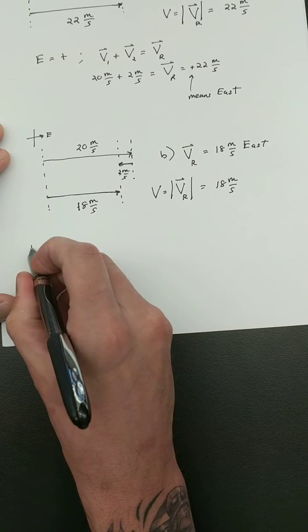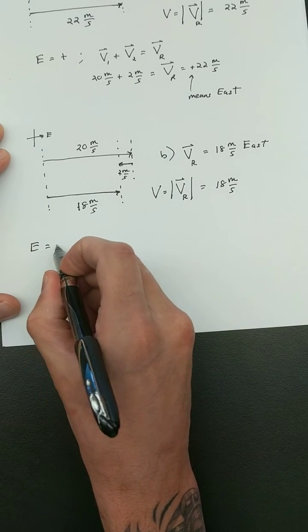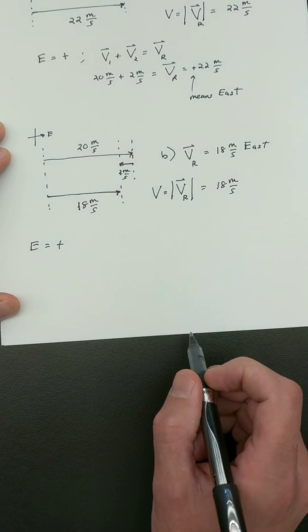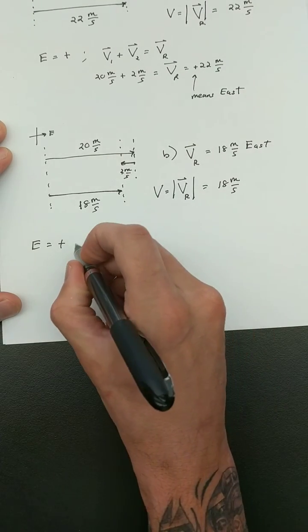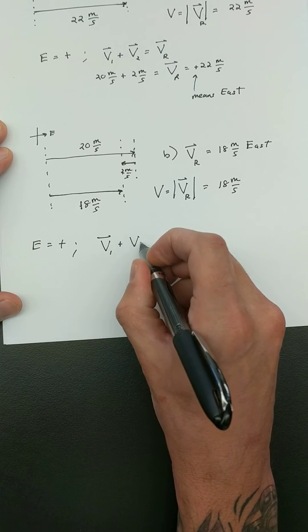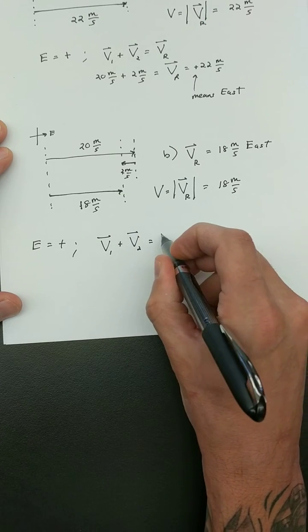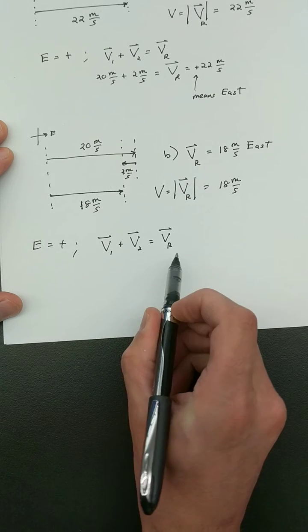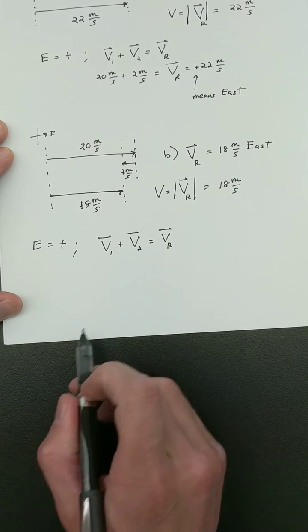Numerically, again, if I assign east equals plus, then I could say V1 plus V2 equals V_R. The resultant is equal to the sum of the first two vectors.